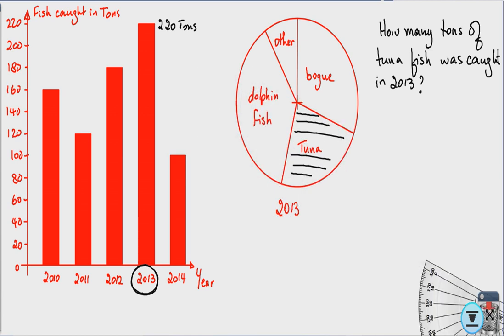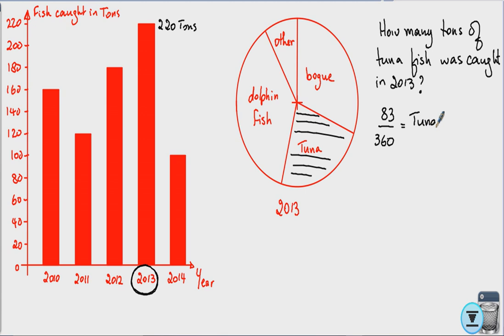So I can say the following. I can say that 83 out of 360 is the share for tuna in 2013. But in 2013, 220 tons of fish was caught.